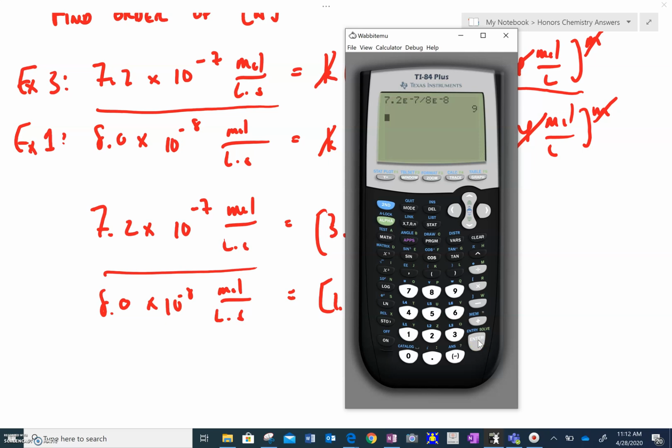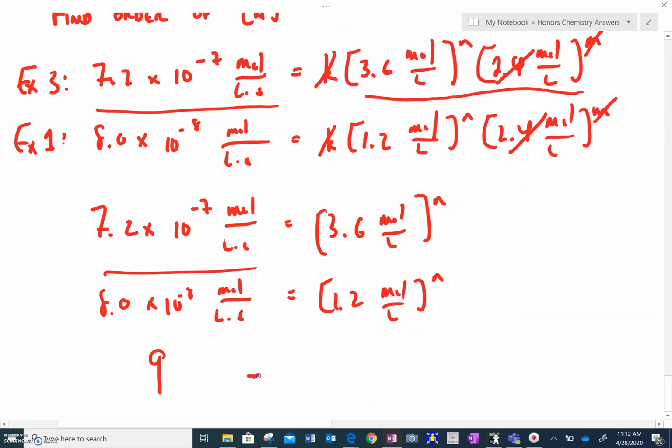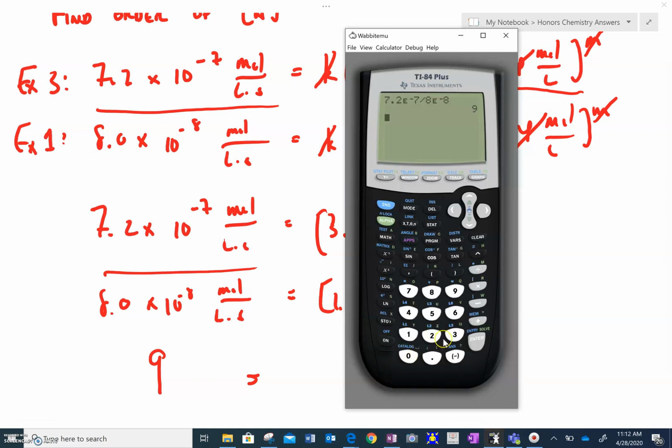This is 9. I don't think you need a calculator for this, but if you do, here is 3.6 divided by 1.2, and that is 3.